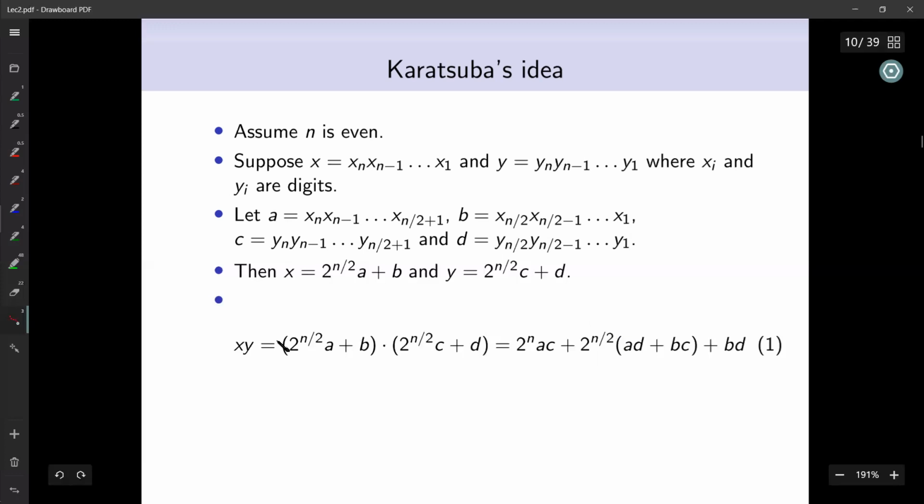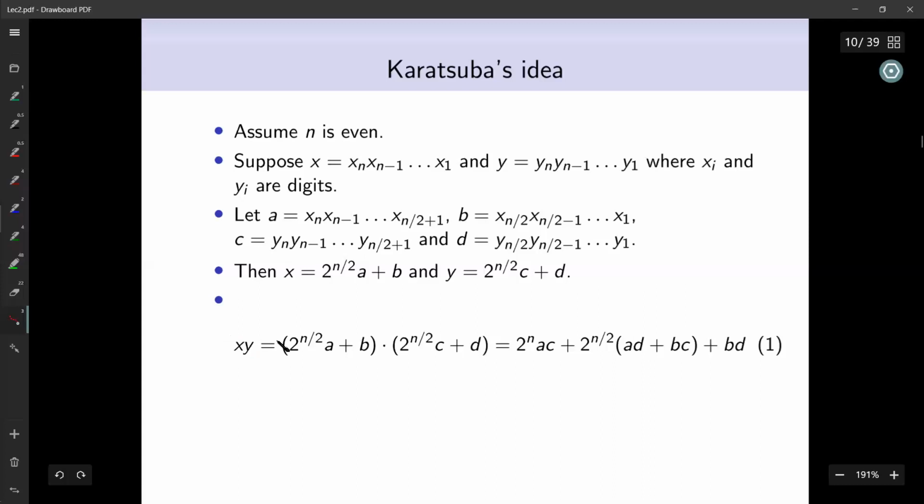Now for this expression, if we compute ac, ad, bc and bd, then with shifts as well as additions, how many additions are there? 1, 2, 3. With 3 additions, we can get the value xy, right?